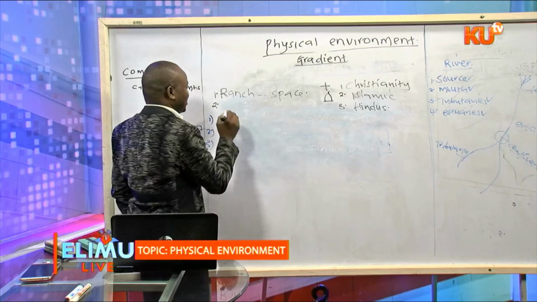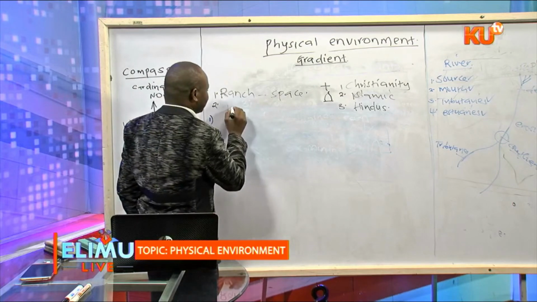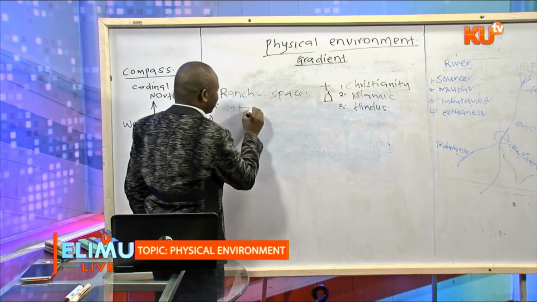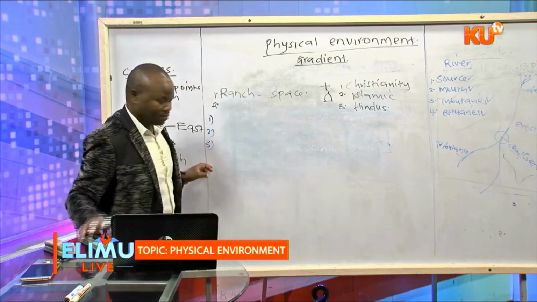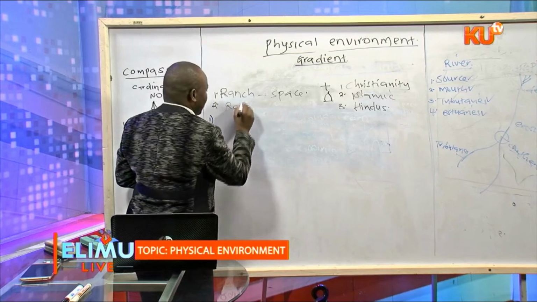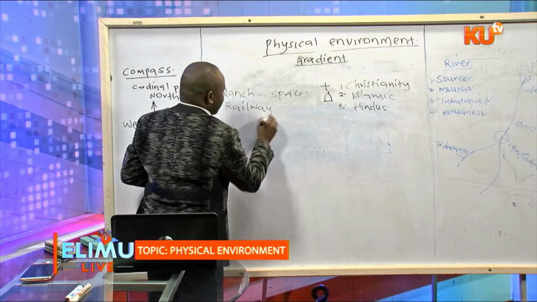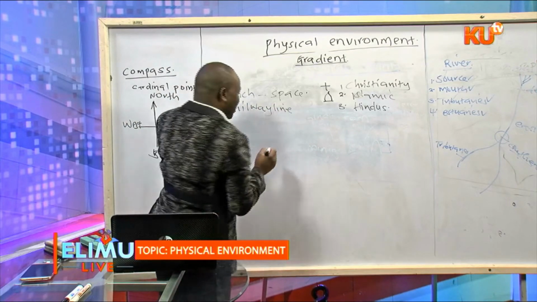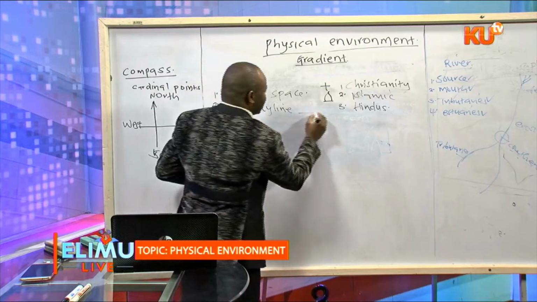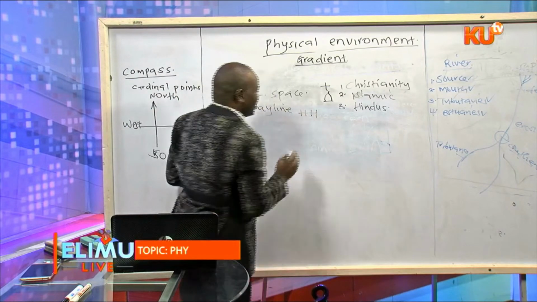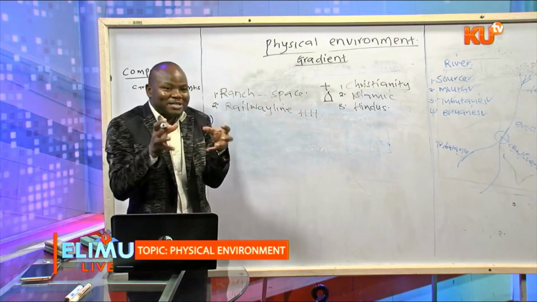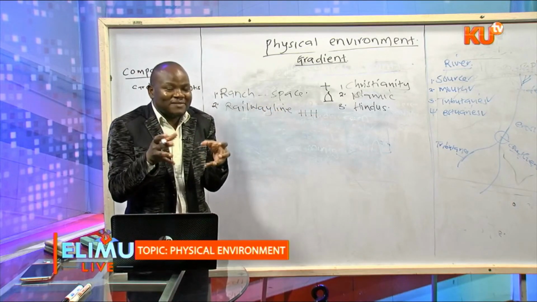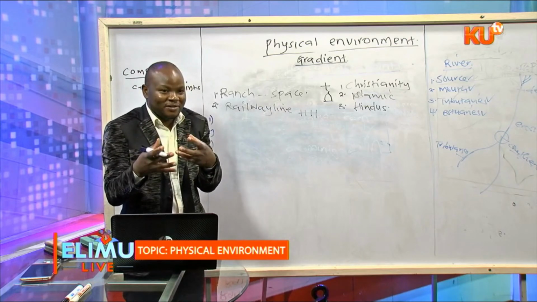Then number 2, of course, we have advantages of different features in an area. You might have the railway, the rail line. When you have the rail line, you are going to find that this rail line has been used in the map based on reasons, because everything that is found within an area has a reason.